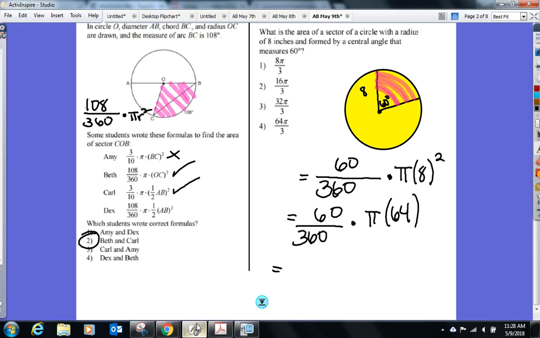And then I'm multiplying that by 64, keeping the pi out of there. And I get this decimal on my calculator. And then you change that right back into a fraction. Okay. 32 pi over 3. Questions, comments, any concerns there? Yep, Sean?